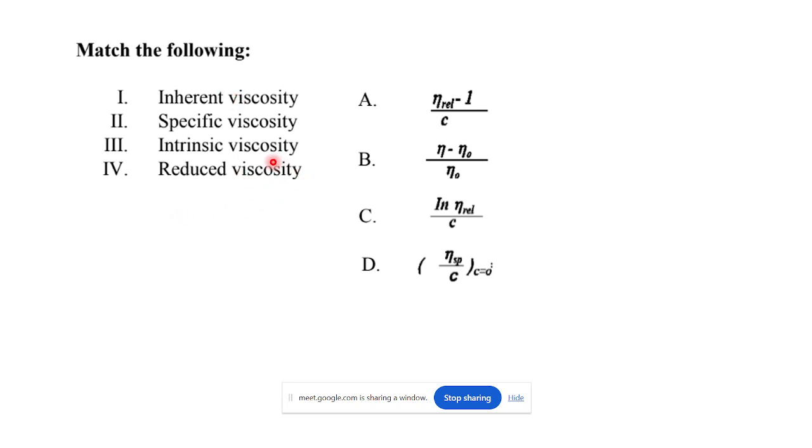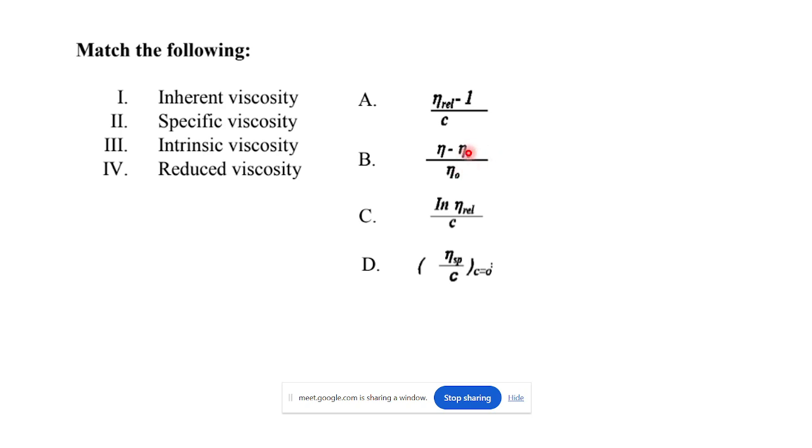Now the basic is relative viscosity. It is not mentioned here. Relative viscosity means viscosity at different concentration of the same material or the same solution divided by viscosity of the solvent at zero concentration. From there, if you get the relative viscosity, then again you are getting eta minus eta 0 by eta 0, because eta 0 is known.